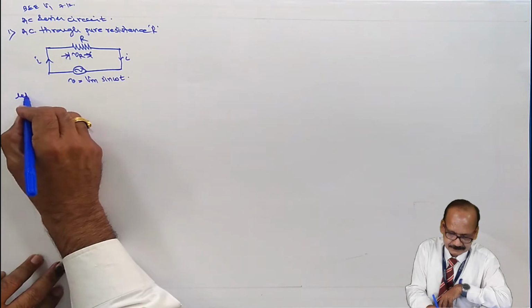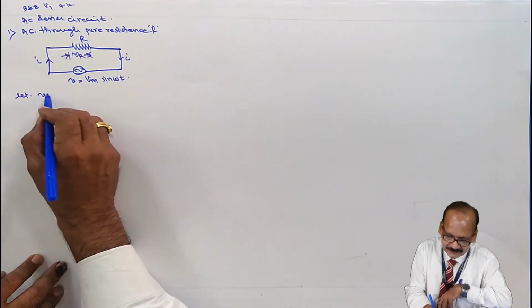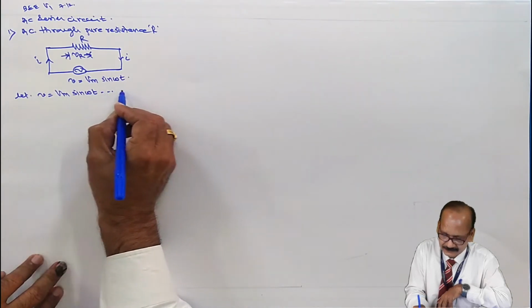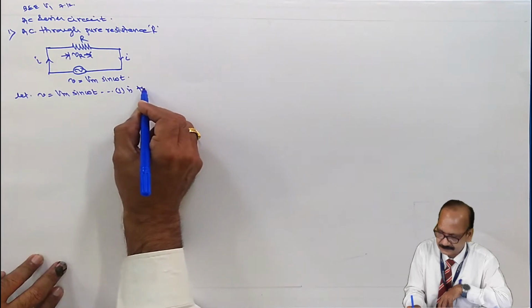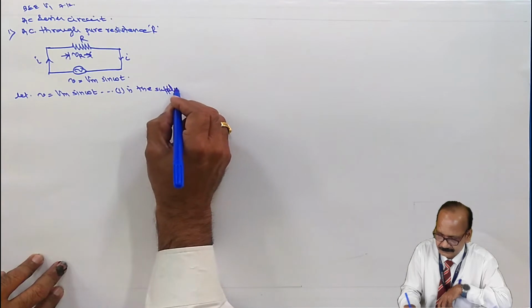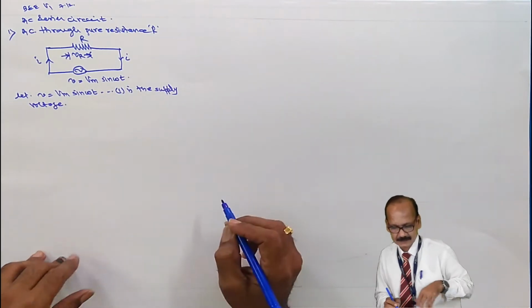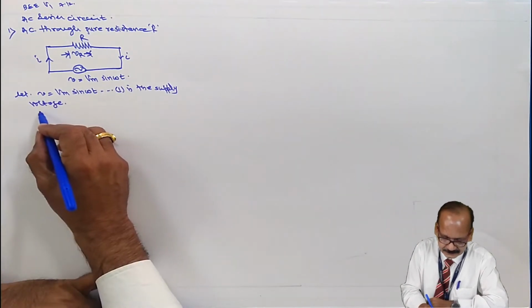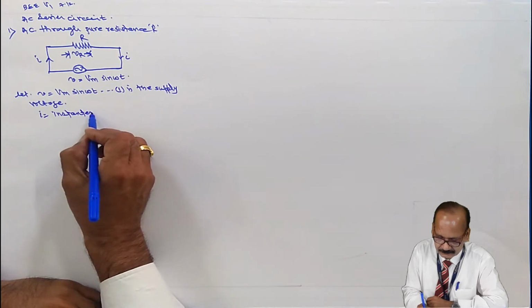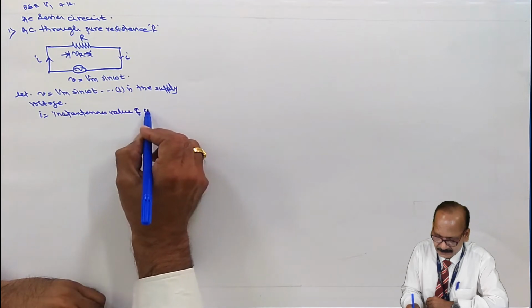Let small v equal to V max sin omega t, equation 1, is the supply voltage. Small i is the instantaneous value of current.